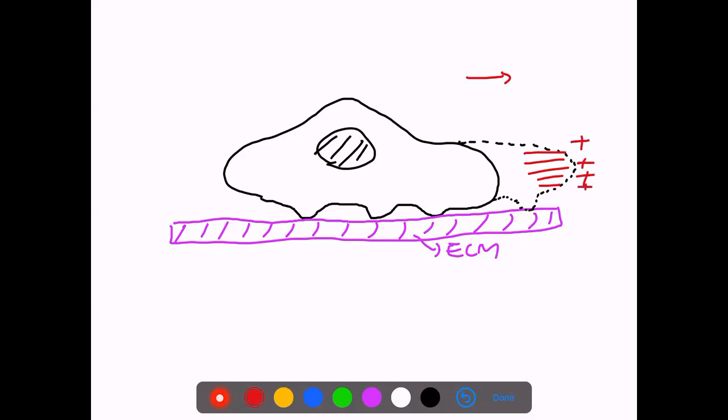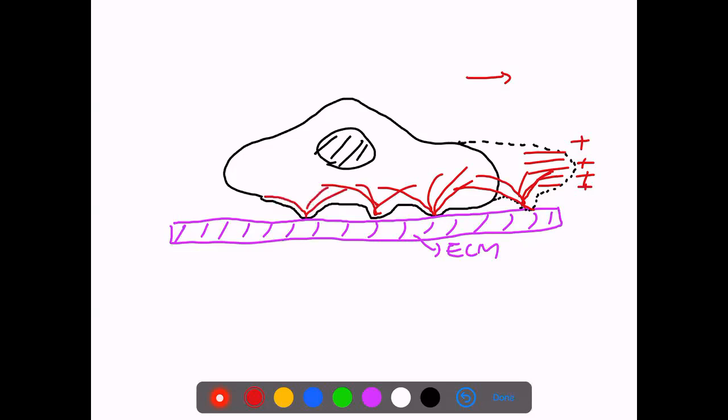Actin is pushing forwards to the plus end. And in the focal adhesion you also have actin. So actin is organized in here like this. I think this is based on what we have seen in previous figures, the electron micrograph.